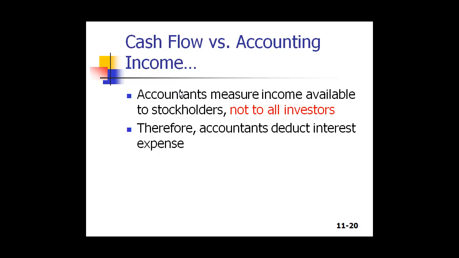Shareholder perspective, because you arrive at that net income after subtracting interest. So when accountants create their P&L, they do subtract interest because their perspective is the shareholder. Now when you look at your net income, and all of you have seen a P&L, is that net income the money available to both preferred and common shareholders, or just common? Yeah, it's both. You actually need to look at that carefully.